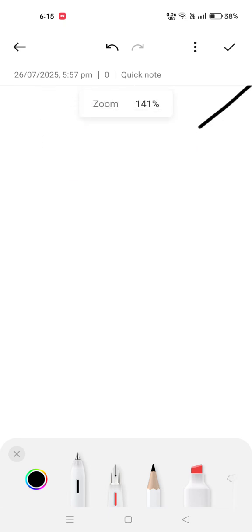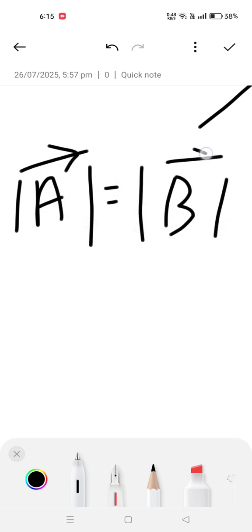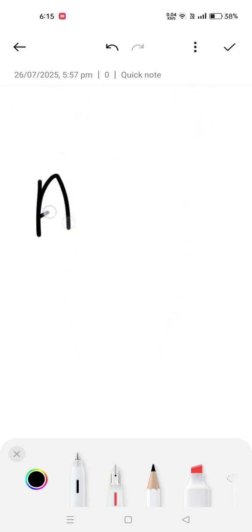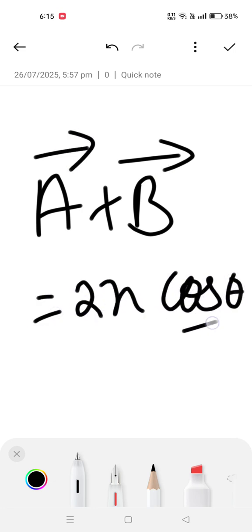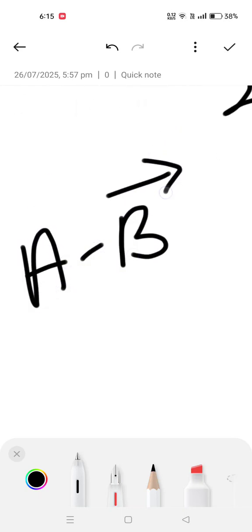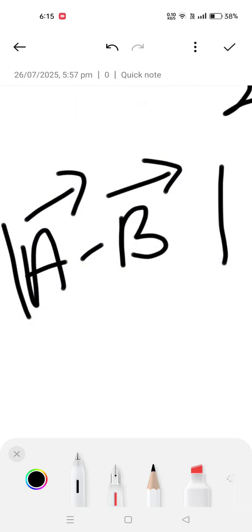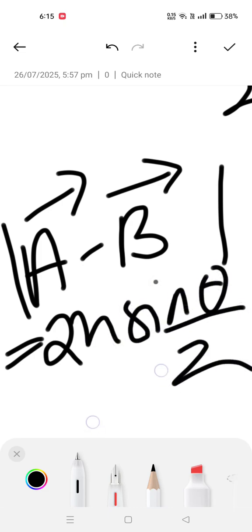Now if mod of a vector is equal to mod of b vector, which is equal to x, equal magnitude, and the angle between them is theta, then the magnitude of a plus b vector would become 2x cos theta by 2, and the magnitude of a minus b vector will become 2x sin theta by 2.